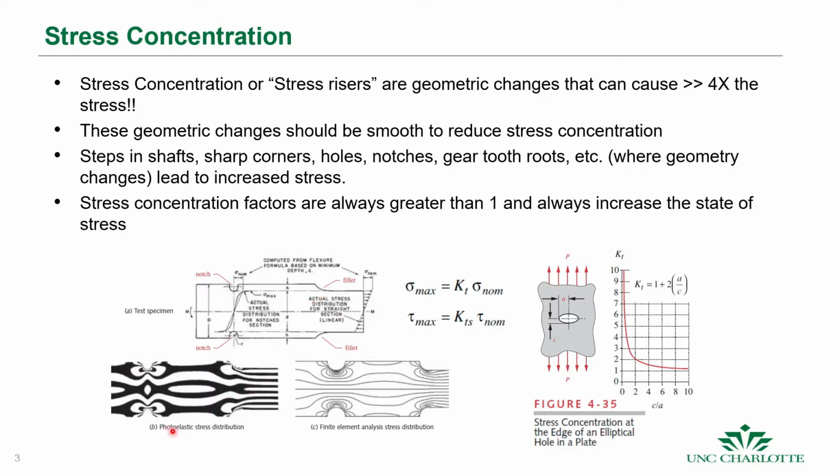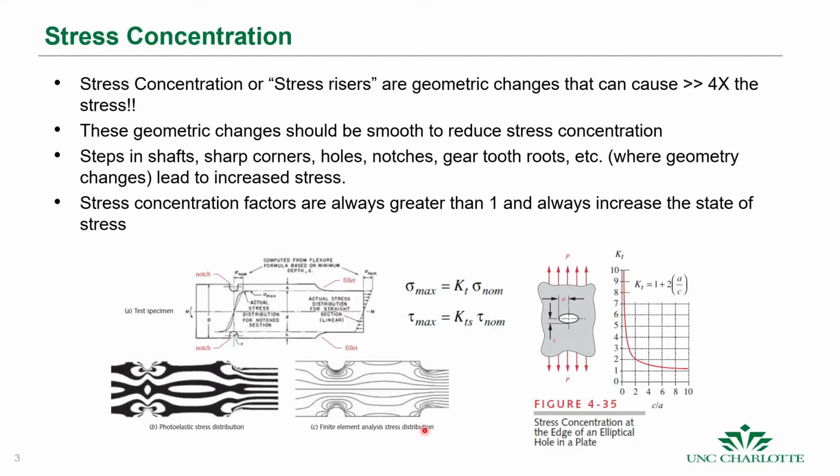This is an example of a photoelastic stress distribution, and it shows where we have these nice flows of stress here at the boundary conditions, but then here at these features we have these sharp gradients, and these sharp gradients are related to the stresses at these features.